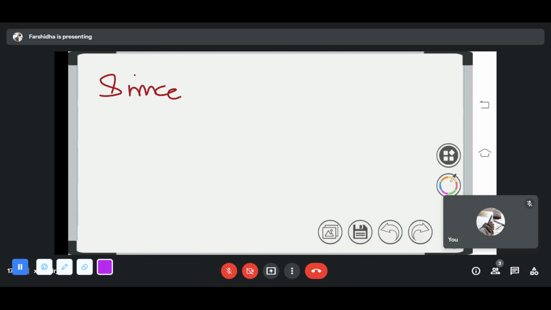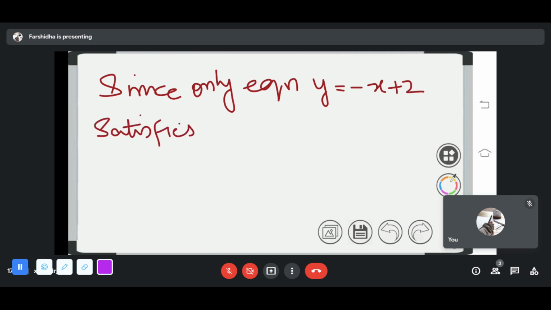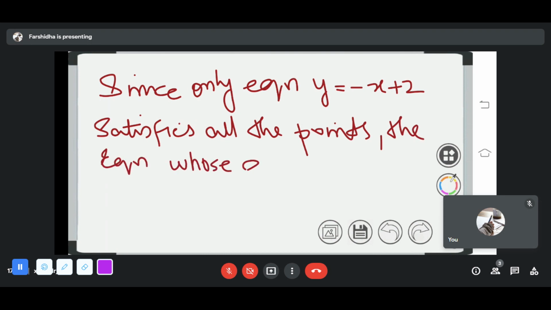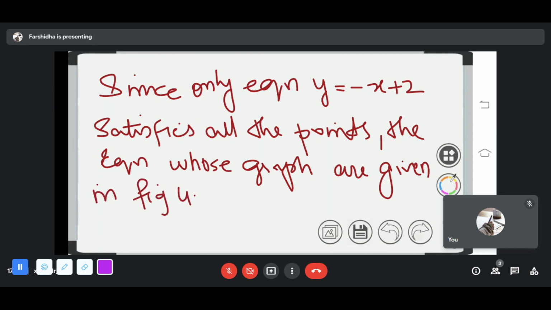Since only the equation y equal to minus x plus 2 satisfies all the points, the equation whose graph is given in figure 4.7 is y equal to minus x plus 2. This is the conclusion.